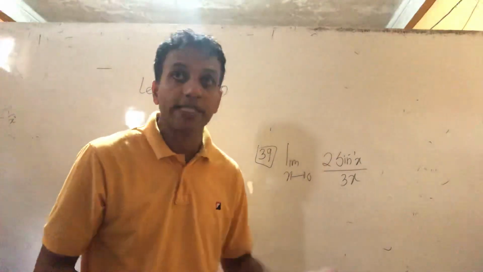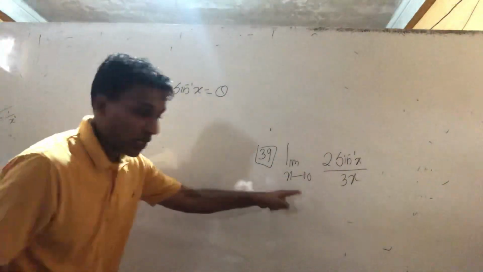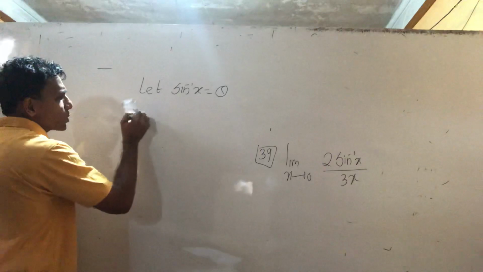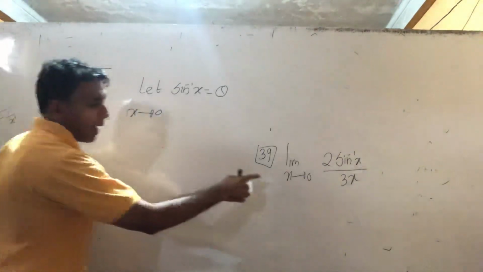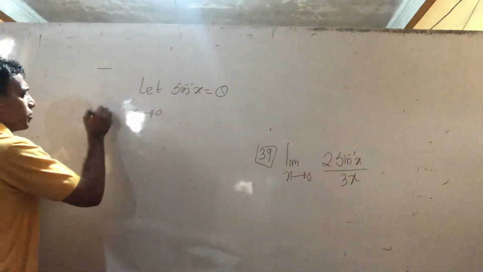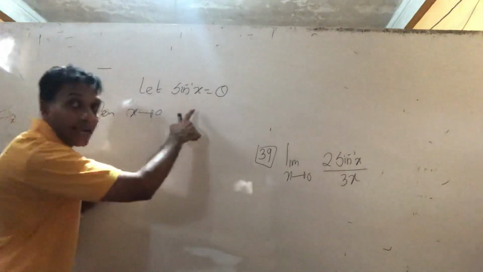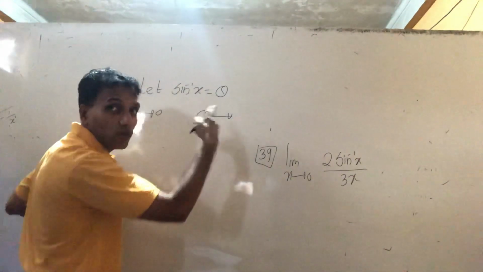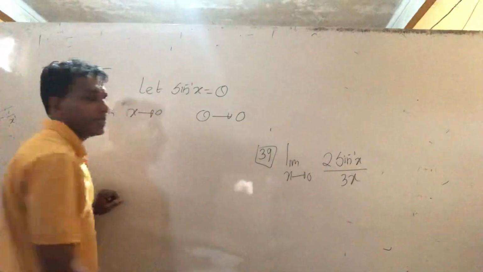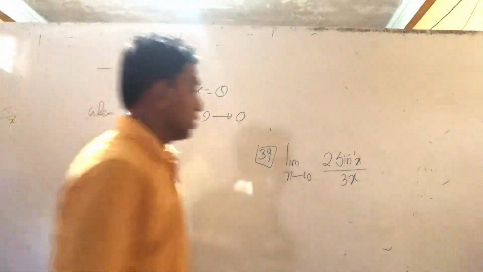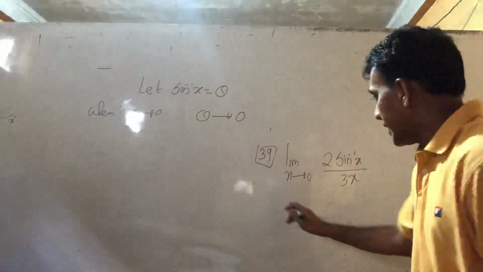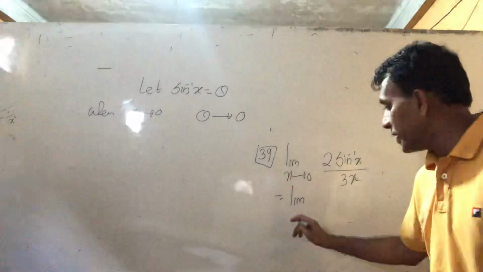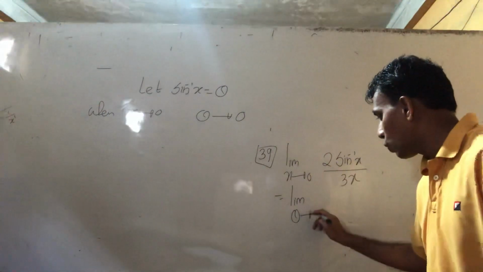First the limit changes. When x tends to 0, what happens? Theta is sine inverse 0, which is 0. So theta tends to 0.